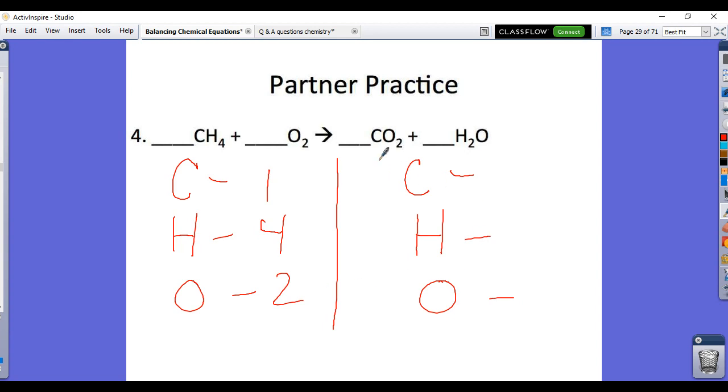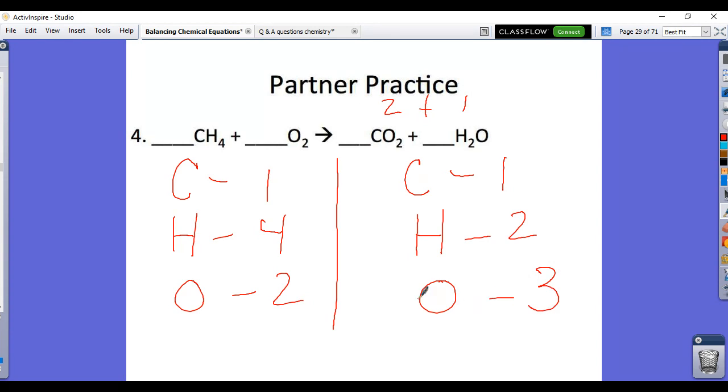On this side, carbon is 1, hydrogen is 2. But let's be careful with our oxygen. We have 2 here, so I'm going to put a 2 up there. Plus, notice we have 1 more. So that's a total of 3.